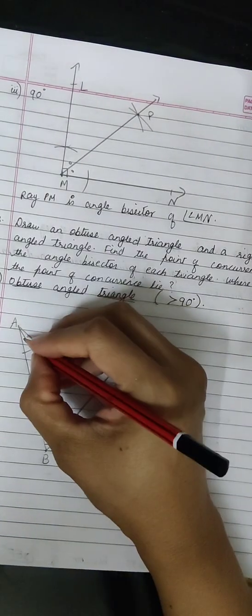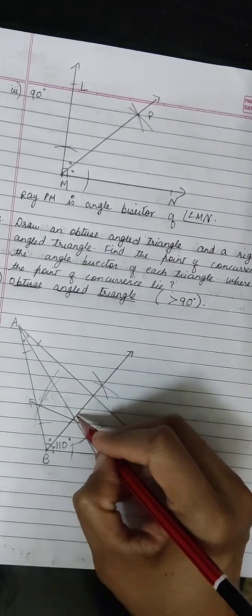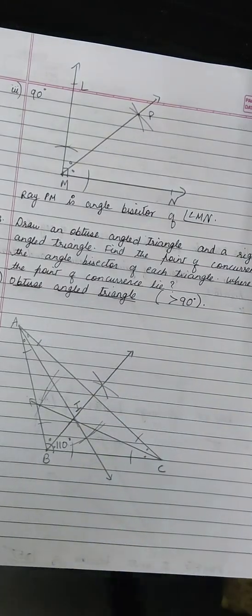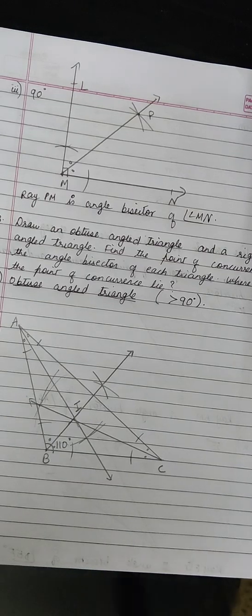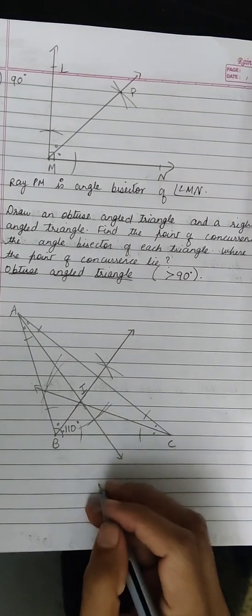So this is for A. So you can see all the 3 lines are joining inside and I am making the point I. So I can say the point of concurrence is inside the triangle.